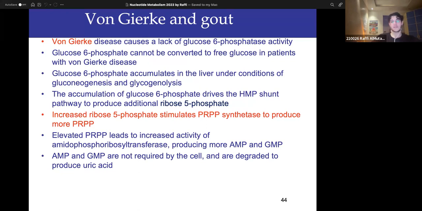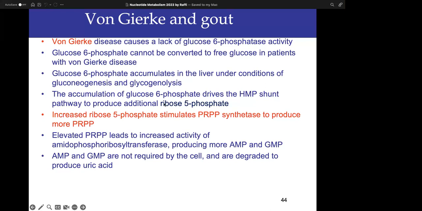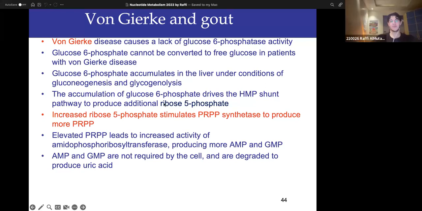As a result of it going to the HMP shunt, what do you think we will make? Ribose 5-phosphate. Thank you. When we make ribose 5-phosphate, what else will we make after that? PRPP. Do you see where I'm going with this? So we're making ribose 5-phosphate, then PRPP. Essentially, we're going to have AMP and GMP because we're going to make nucleotides as a result of this.